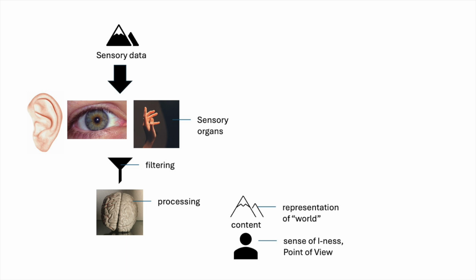And also your nervous system creates a sense of I-ness, or what he calls a point of view, at the same time. So that is roughly what happens, and what is being subsumed under the name Phenomenal Self Model.